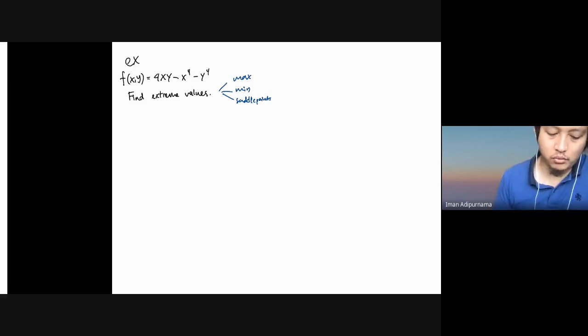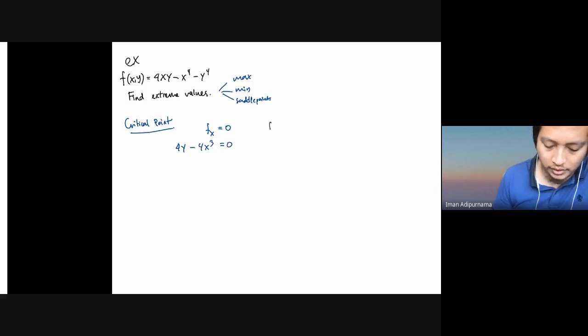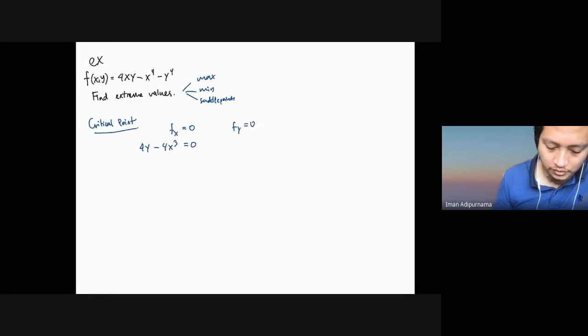So first, what we can do is find the critical points, right? How to find the critical points? We need to make the partial x equal to 0. So from here, we get 4y minus 4x cubed is 0. And then the other one is partial y is 0, so we get 4x.